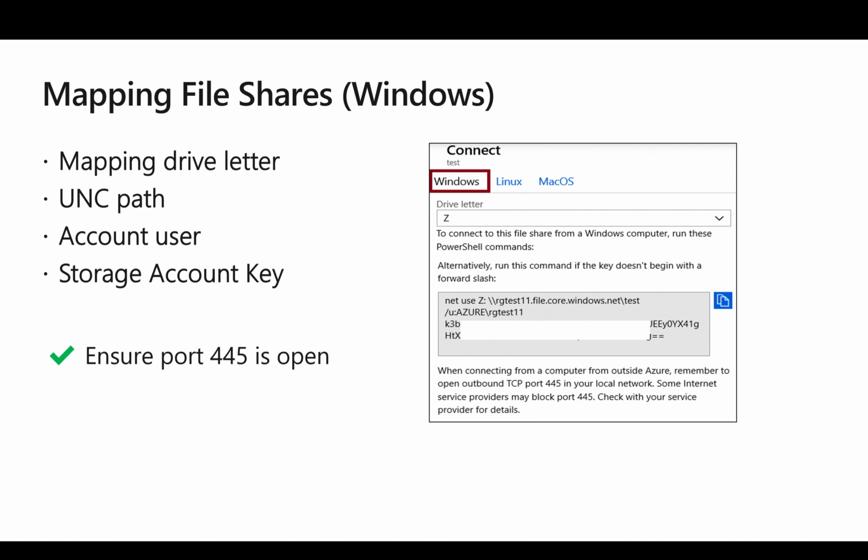Some organizations might specify this as a security issue, and in that case there is an additional capability called Azure File Sync, which works through port 443. So that can be used in scenarios where organizations don't allow port 445.